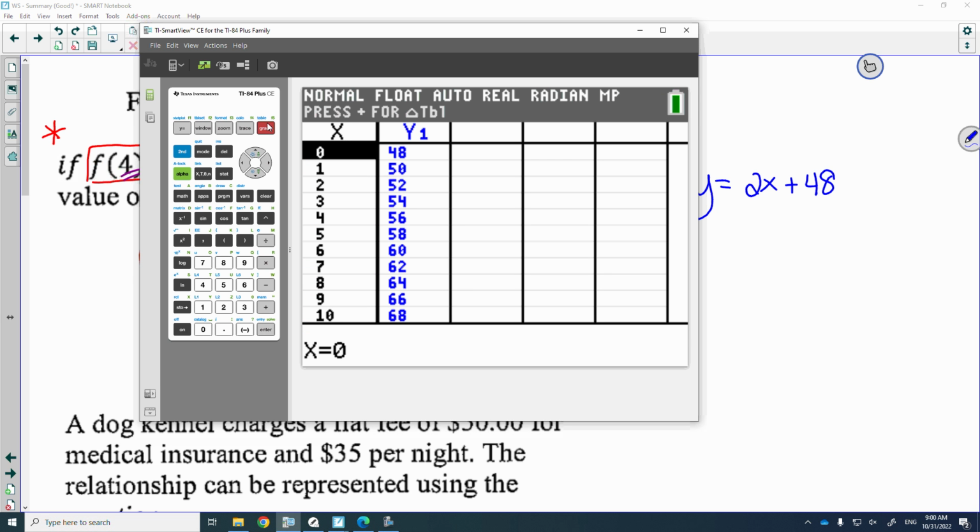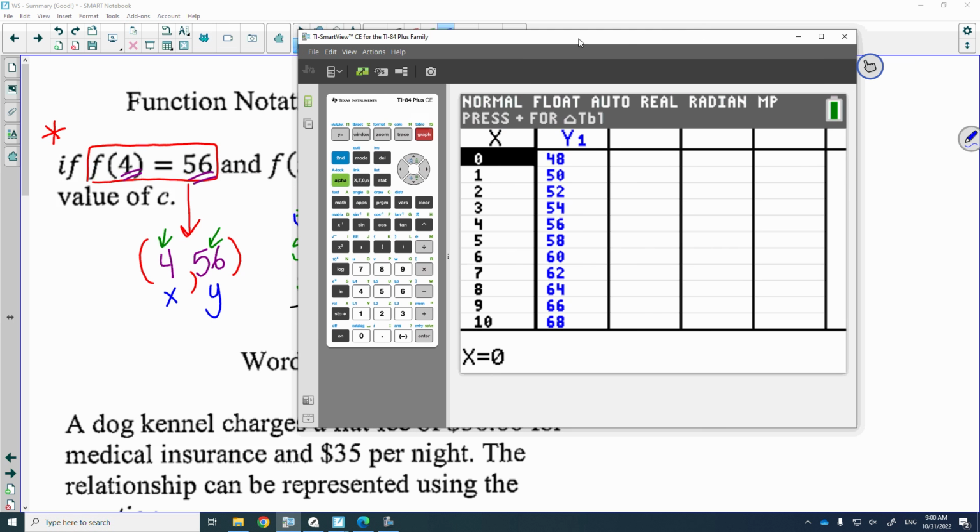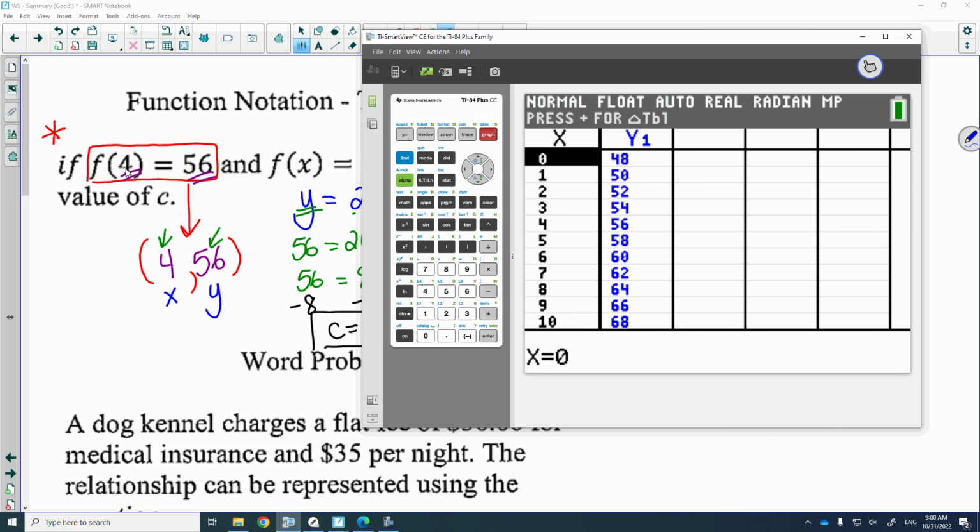Do you know what point I'd be looking for? The point that they gave me. They told me that on this graph, when x is 4, y is 56. And here's x is 4, y is 56. So that's how you could check if this was ever an exam question that you're correct.